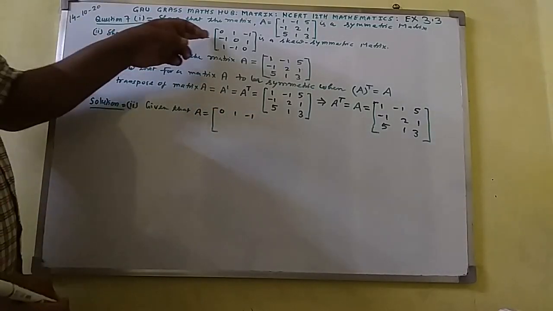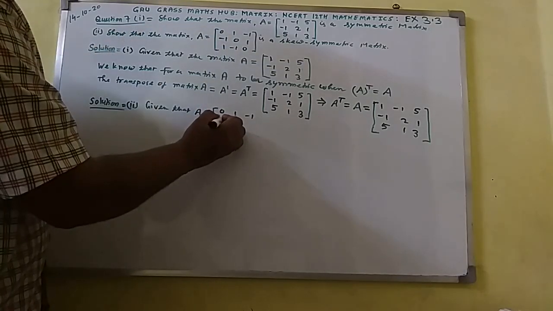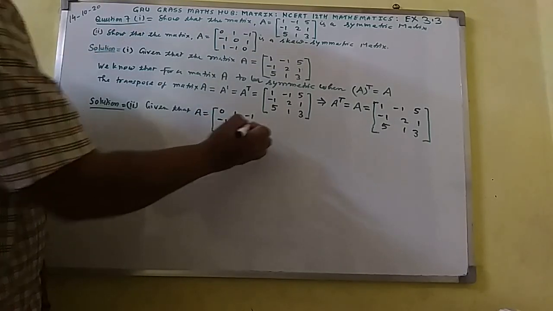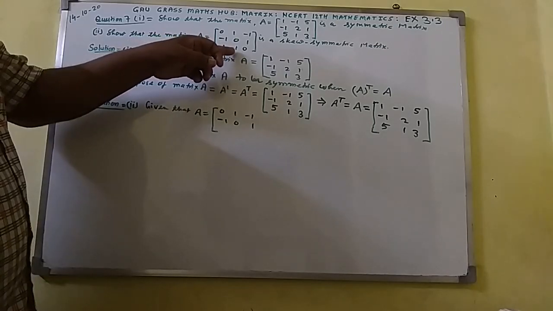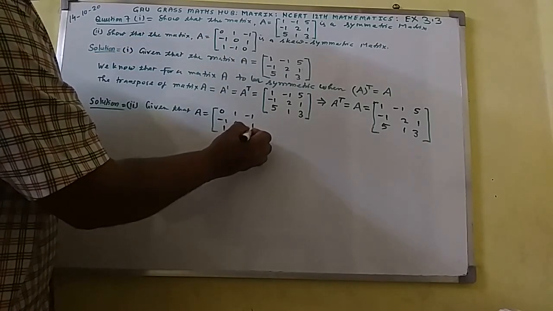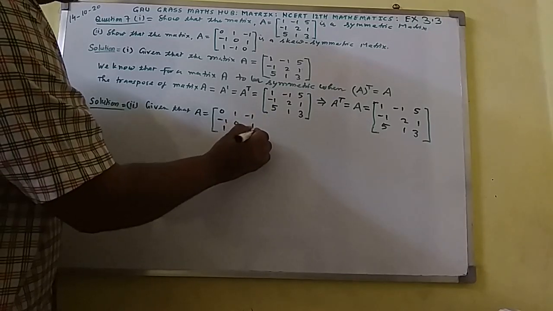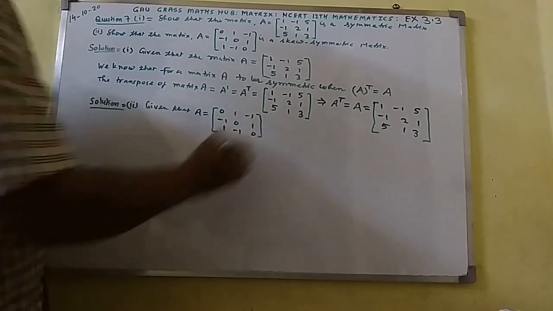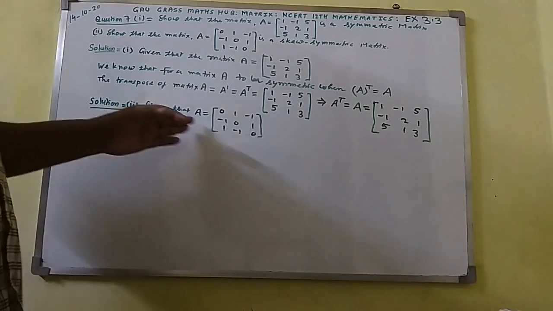The elements of second row, minus 1, 0, 1. The elements of third row, 1, minus 1, 0. Closing of square bracket will be done. This is the given matrix.